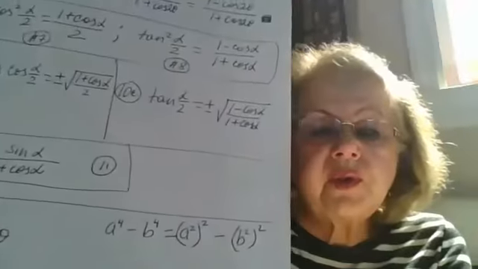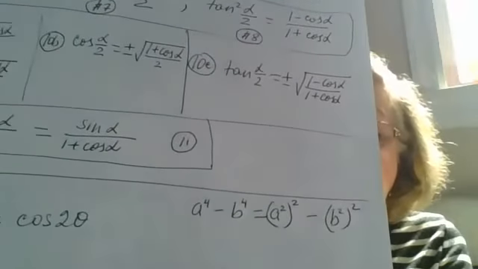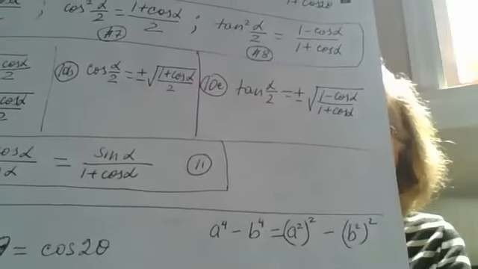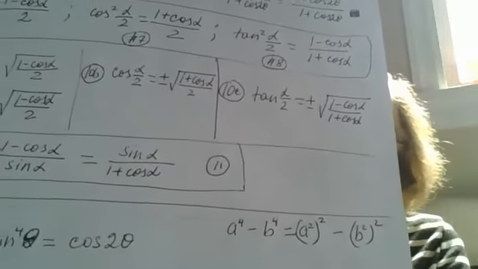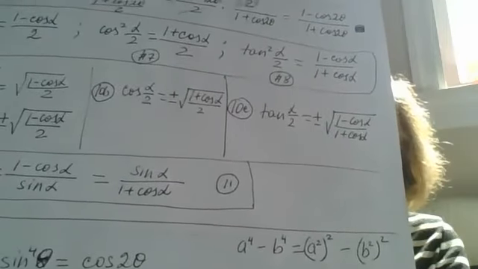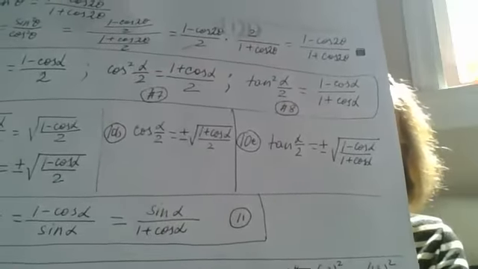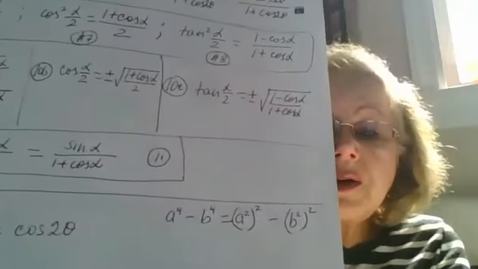So this is what I wrote on the side. A to the 4th minus b to the 4th equals a squared squared minus b squared squared. Are you okay with that? Yeah. Excellent.